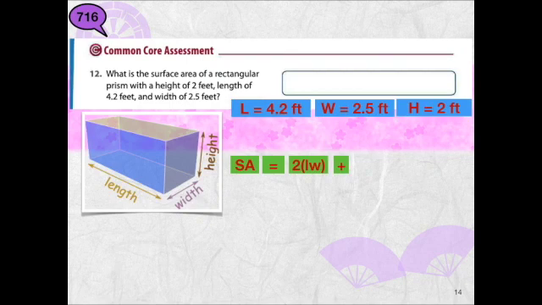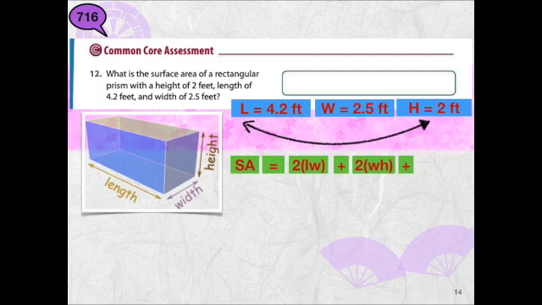So the width and the height, according to this figure we had on the left side, is referring to the right side of the rectangular prism. We know that the right side is equal to the left side. So again, we are going to multiply 2 times the width multiplied by the height, plus length times height.